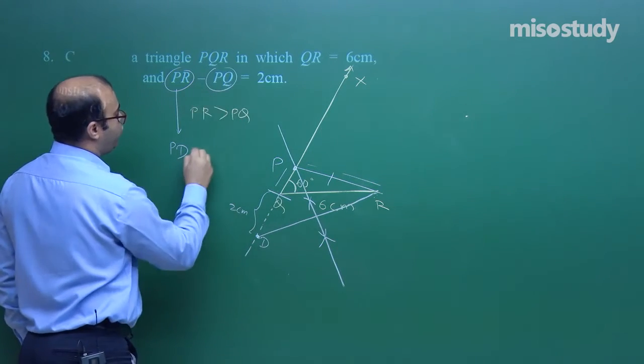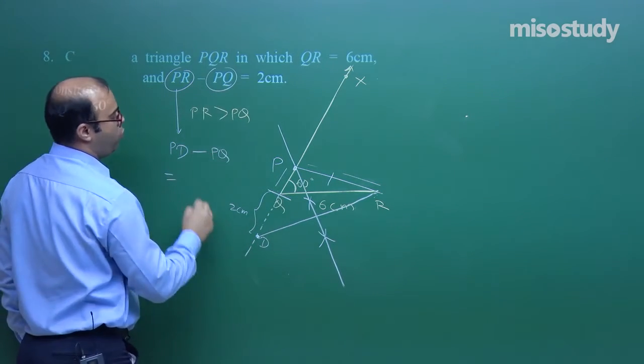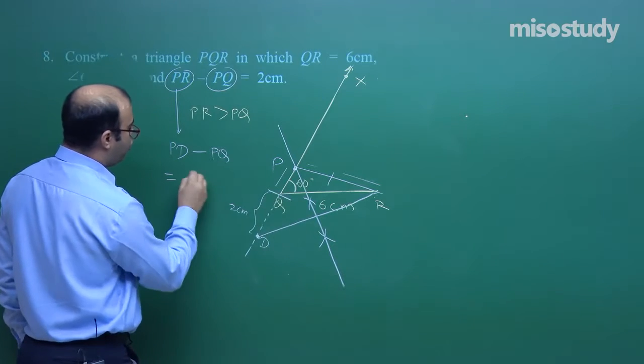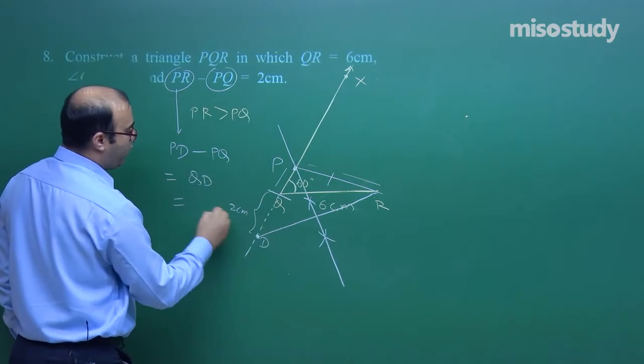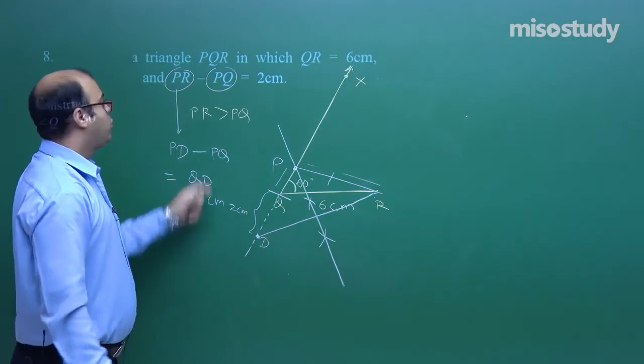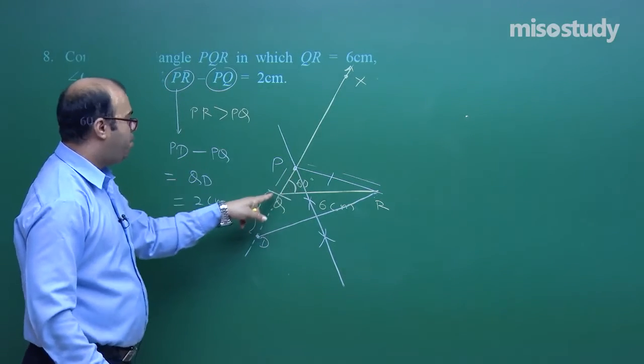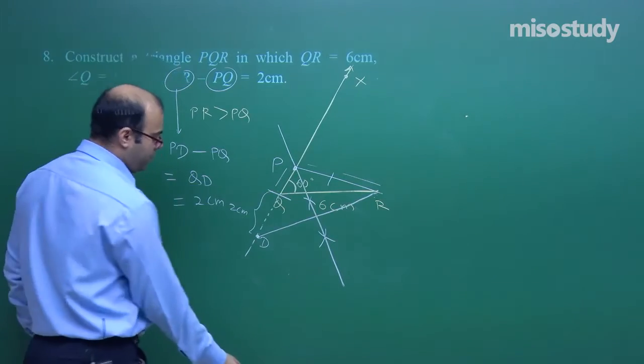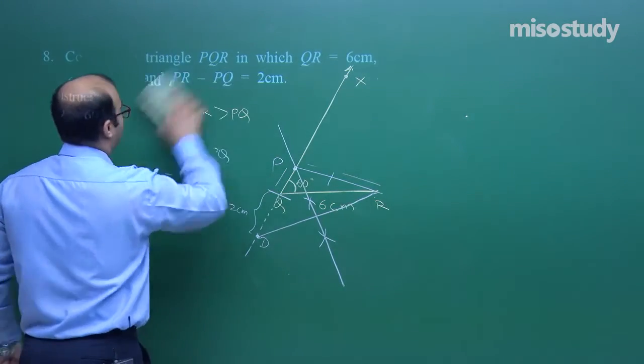Now PQ is PQ, so PD minus PQ is equal to QD, and QD we took as 2 centimeter. So 2 centimeter is PR minus PQ. So we have drawn the required triangle PQR. Okay, students? Right. Let us come to the next question.